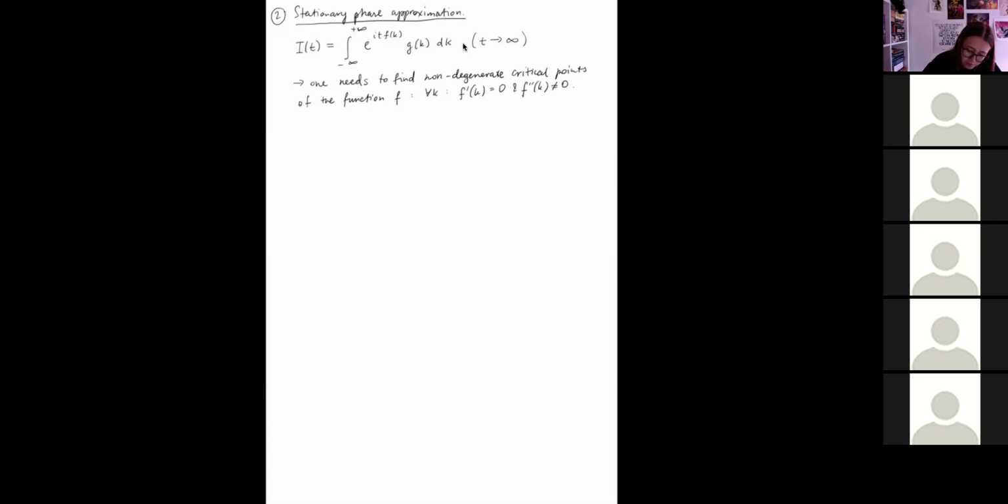So maybe I just note here that the largest contributions to the integral come from such points k, so from their neighborhoods.